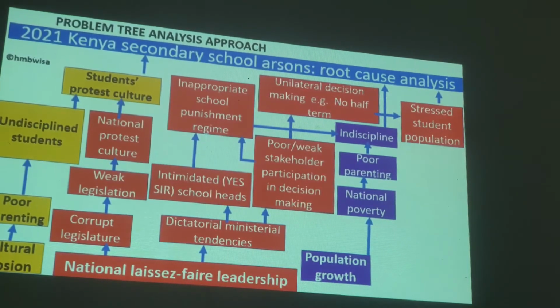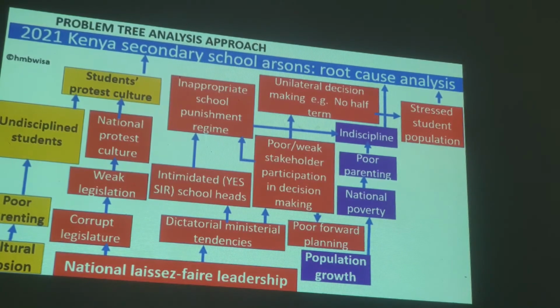We have seen it in Kenya happen. For example, when the curriculum, the competence-based curriculum CBC, was being designed and launched, there were some stakeholders who complained and they were not adequately taken on board.